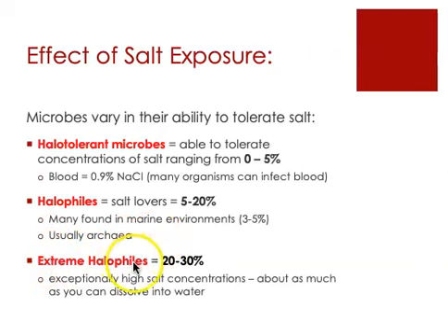There are even extreme halophiles. These are all archaea. They can survive in concentrations between 20 and 30% salt. That's a lot of salt. For comparison, the salt in ocean water, in marine water, is about 3 to 5%. So that's an awful lot of salt. And there are some microbes that can grow in that amount of salt.